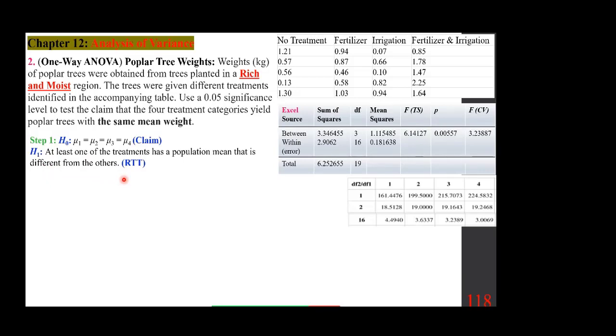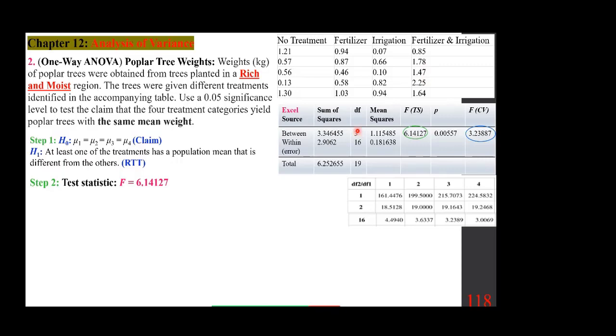So let's do the reading from the given table. This number is 6.14127, and that is the test statistic. This number is the critical value, or if we were to use the table, degrees of freedom of the numerator is 4 minus 1, or 3.